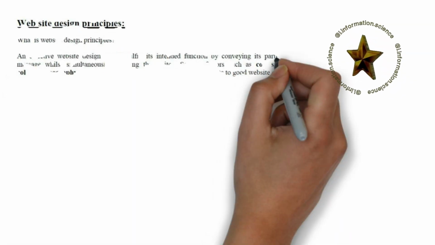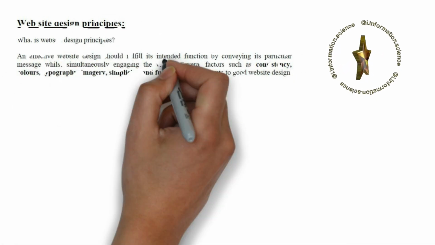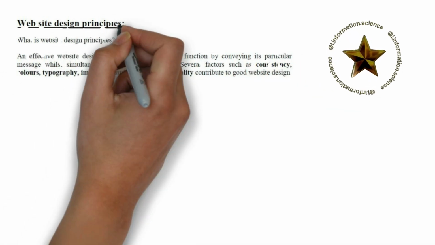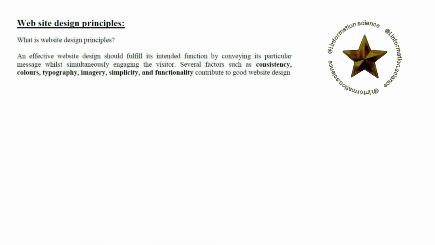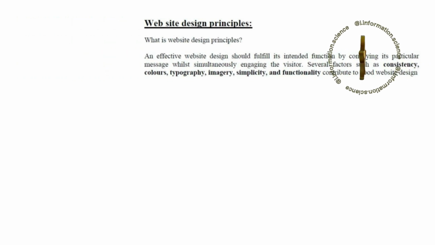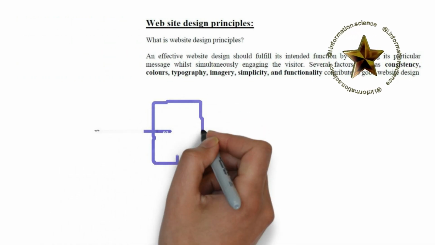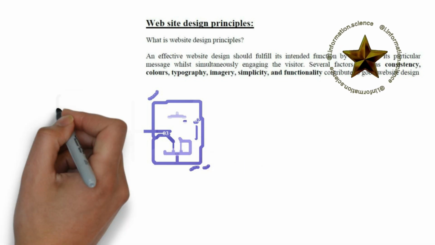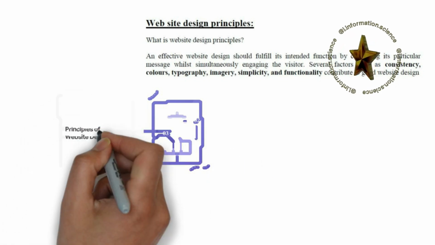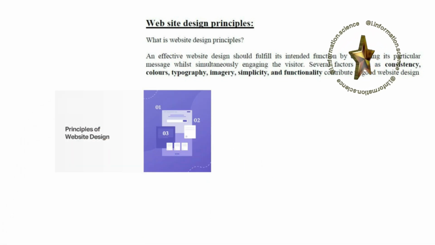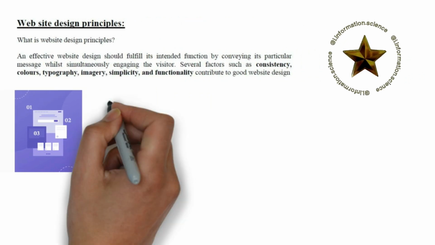Website Design Principles. What is website design principles? An effective website design should fulfill its intended function by conveying its particular message whilst simultaneously engaging the visitor. Several factors such as consistency, colors, typography, imagery, simplicity, and functionality contribute to good website design.